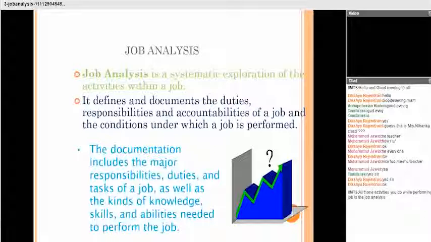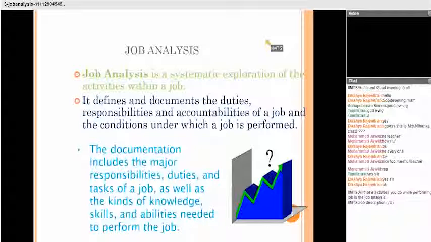That's why nowadays most job portals, before they put up a recruitment, put a job description, which is also called JD. The job description lists all those responsibilities, duties, skills and abilities required by the respective company for performing a particular job role.